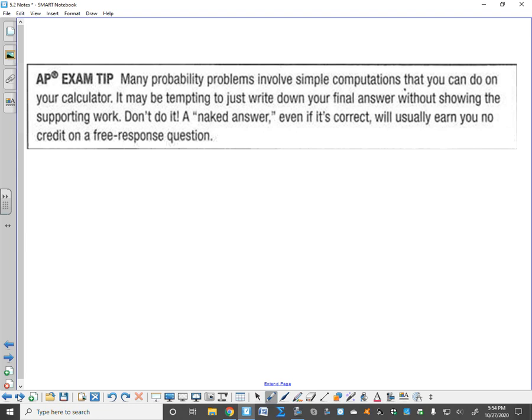A naked answer, even if it's correct, will usually earn you no credit on an FRQ. You can't have naked math. They want to see that you can talk the stats lingo, that you can communicate like a statistician. So when you do your homework, really, really, really practice and focus on that part.